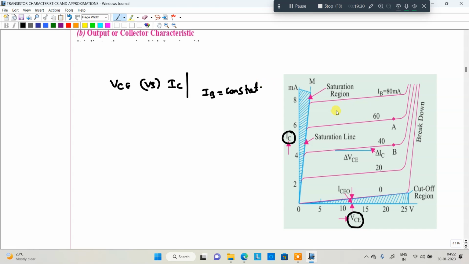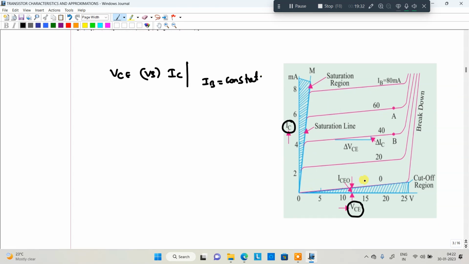After that, initially VCE is equal to 0. Whenever VCE is equal to 0, the collector current starts from 0. Initially IB is equal to 0 in the first case. Whenever IB is equal to 0, the input is open circuited.